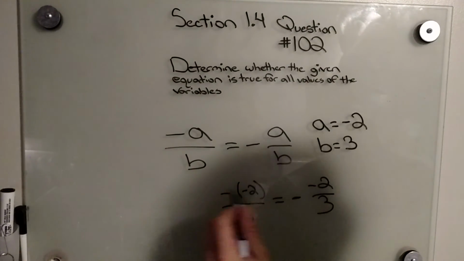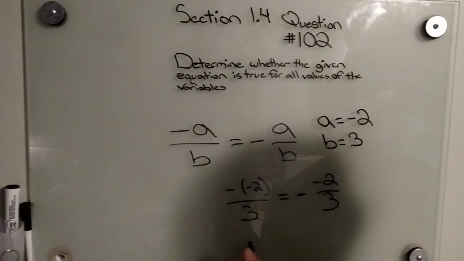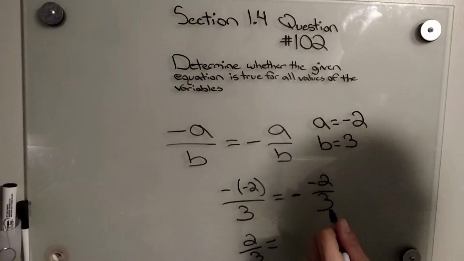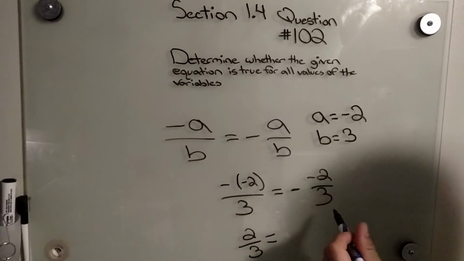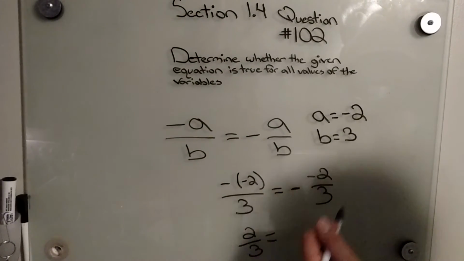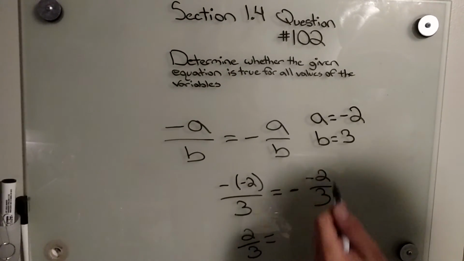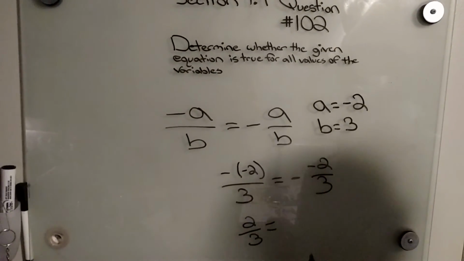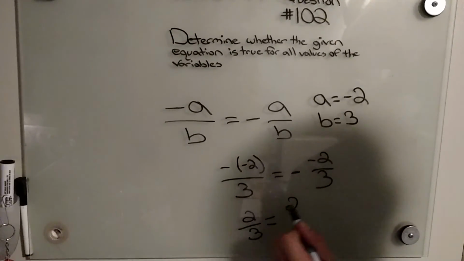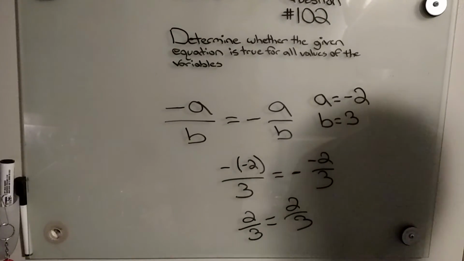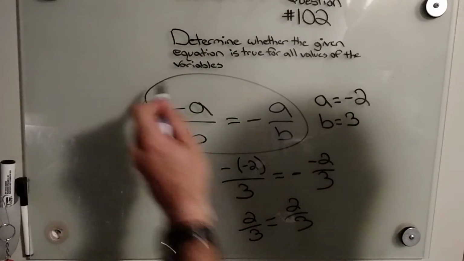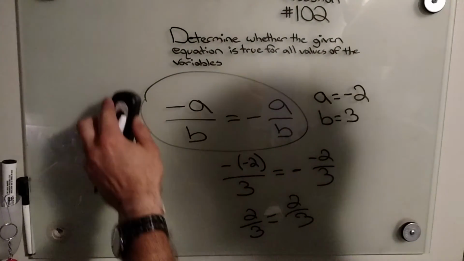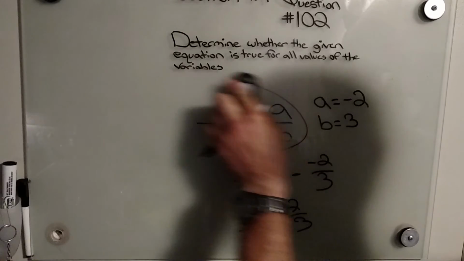In both of these cases, the negative of a negative is a positive, so you end up with 2 over 3 is equal to 2 divided by 3. Negative 2 divided by 3 is of course a negative fraction, and the negative of that negative fraction would end up being 2 divided by 3. So this is in fact a true equation for all variable values, other than those that would make b 0, because you can't have a denominator of 0.